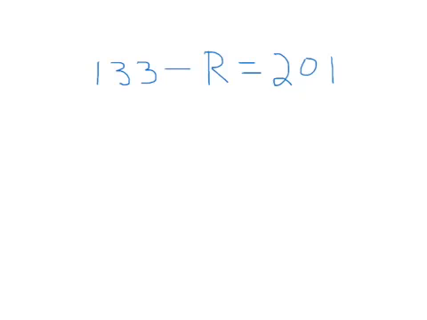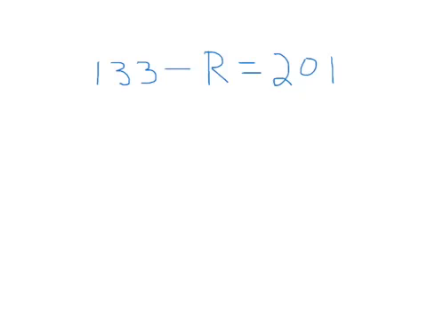Last one in this section. So I have 133 minus some number gives me 201. So the question is, what do I have to subtract from 133 to get 201? One of the ways that you can possibly do this is to try to figure out at least what r is.